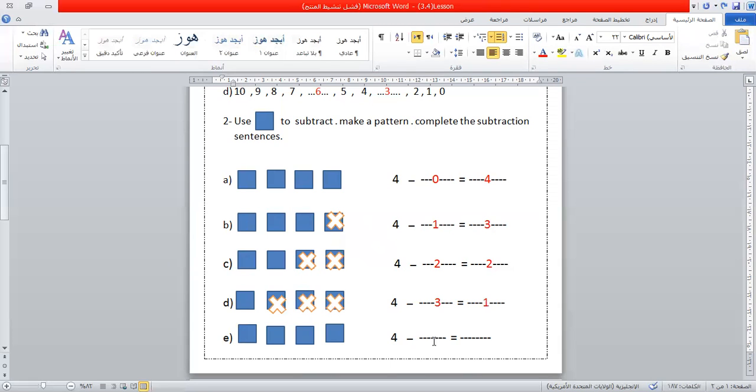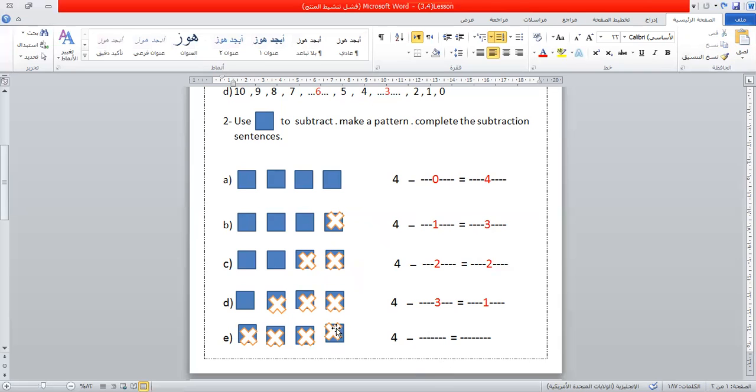Okay, here I can cross out all the squares. I can cross out all the squares like this. 1, 2, 3, 4.